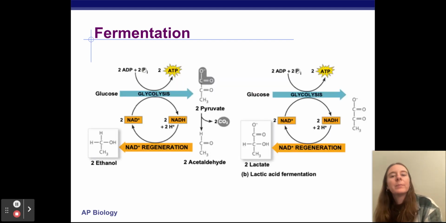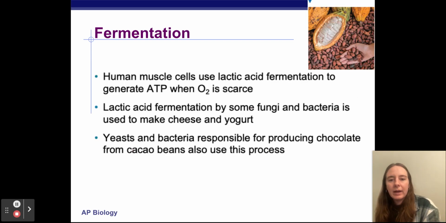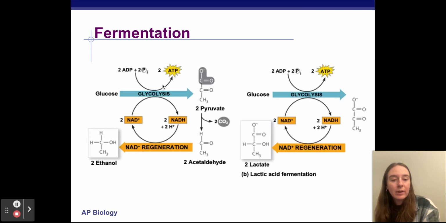So for example, let's say we were looking at a human muscle cell. Let's say you run out of oxygen and you reduce glucose to pyruvate, two pyruvate molecules, you make 2 ATP, but you don't have any oxygen. You are going to take that pyruvate and you are going to basically chop off a carbon dioxide molecule, CO2, and you're going to pull off this hydrogen from NADH, right?